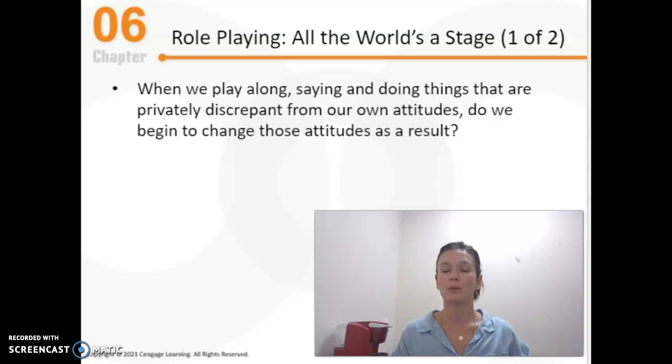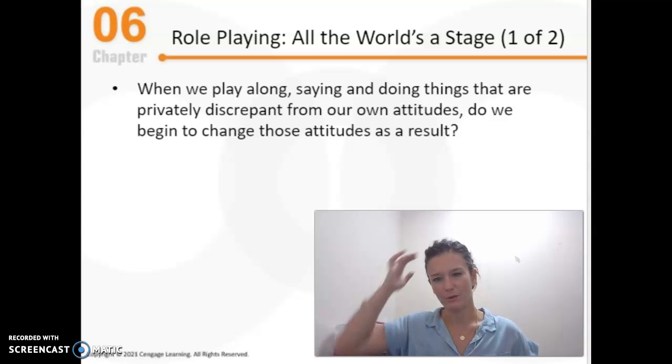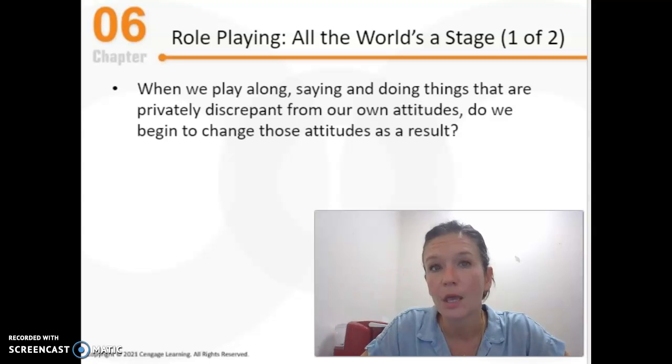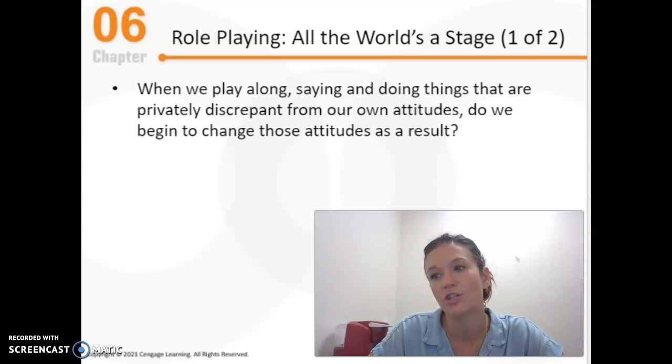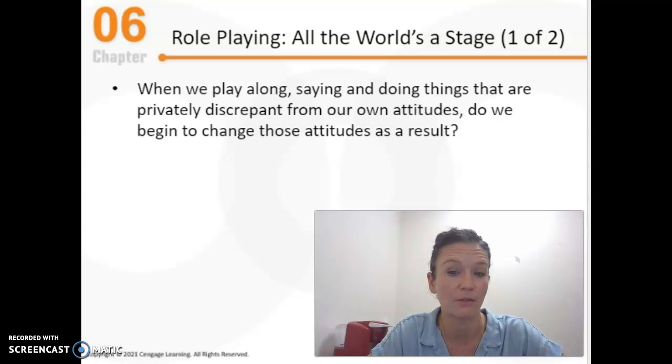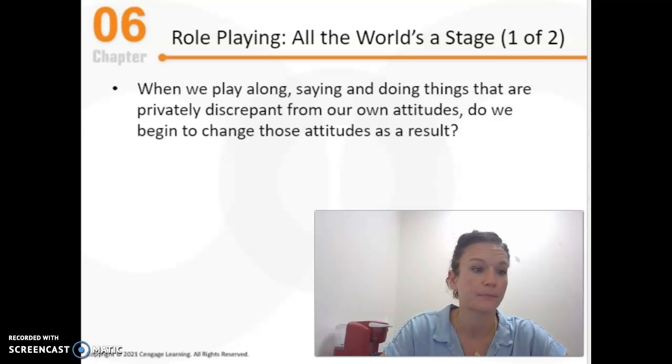So if you want people to take an opposing position, if you want to make them see things the way that you do, if they're willing to act in a role-playing play or position, however you want to call that, it could be an effective strategy just because they will be forced to look at the position from another's viewpoint.